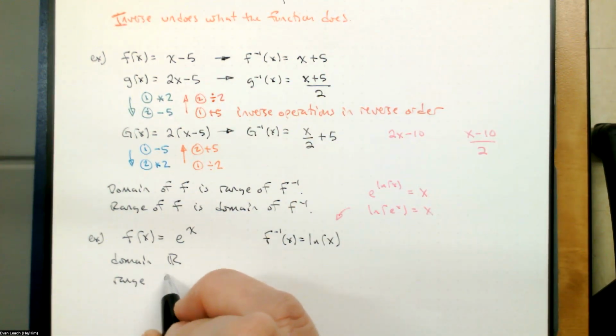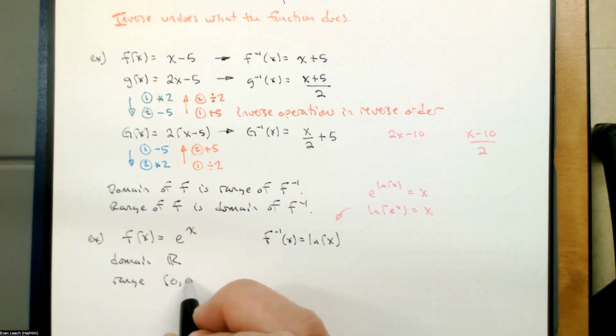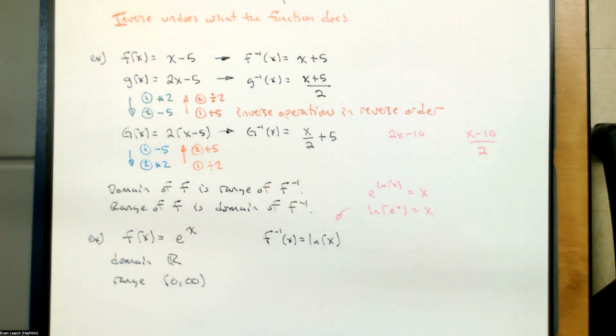So starting at 0, but not including 0, and going to infinity. This is interval notation. I just have the left endpoint and the right endpoint. There's no right endpoint, so I just put infinity.